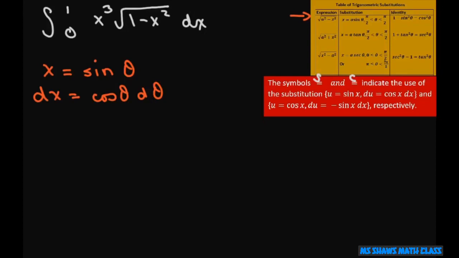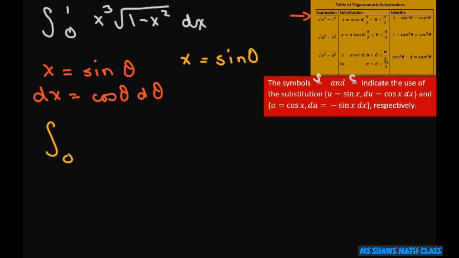So substituting in, we have a definite integral, so what I want to do is come over here and evaluate when x is 0. We're going to get sine of 0, which still gives us 0. So our integral is going to start at 0.